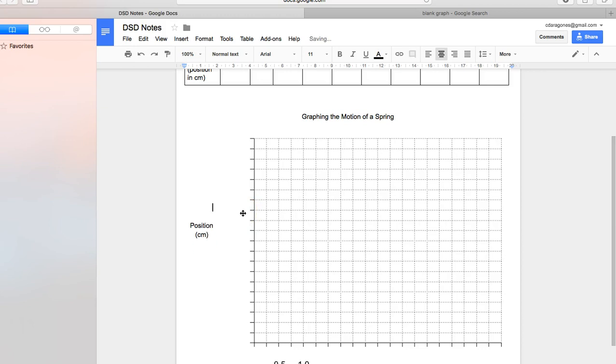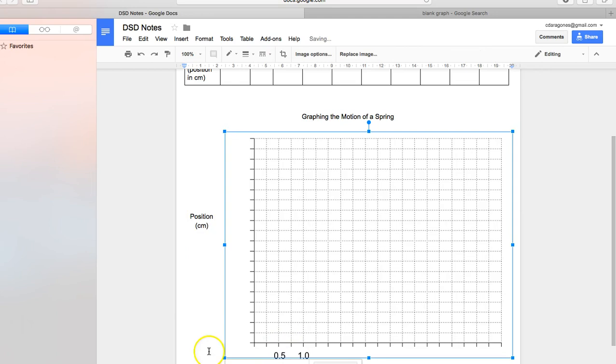This is going to be 65 centimeters. Okay, and each one goes up by 5. So actually, let me fix that.